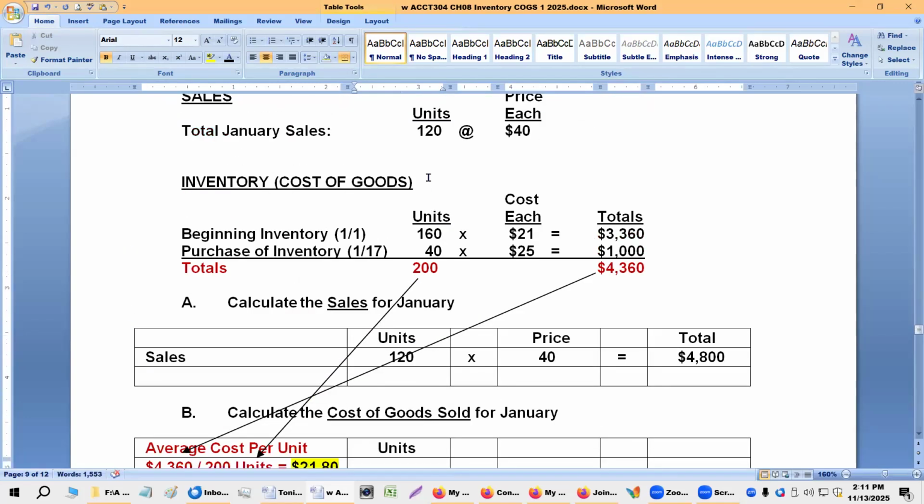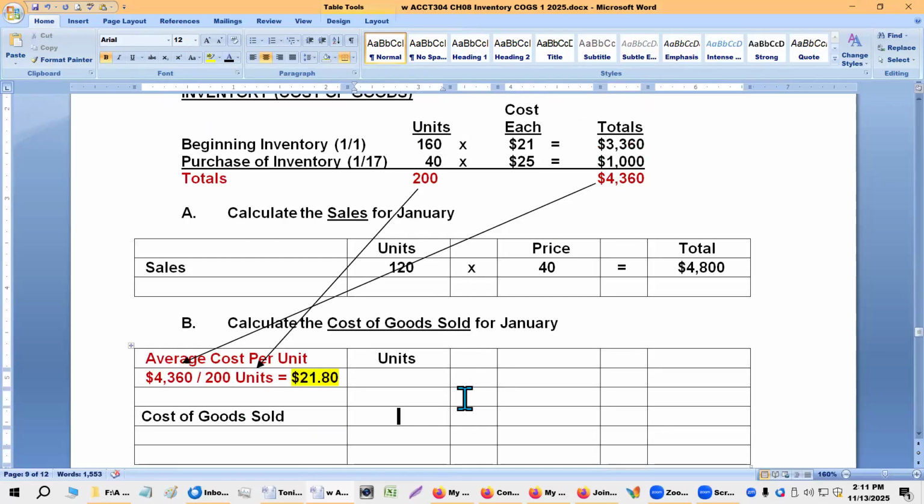So we sold 120 units. We're going to take 120 times our average cost.